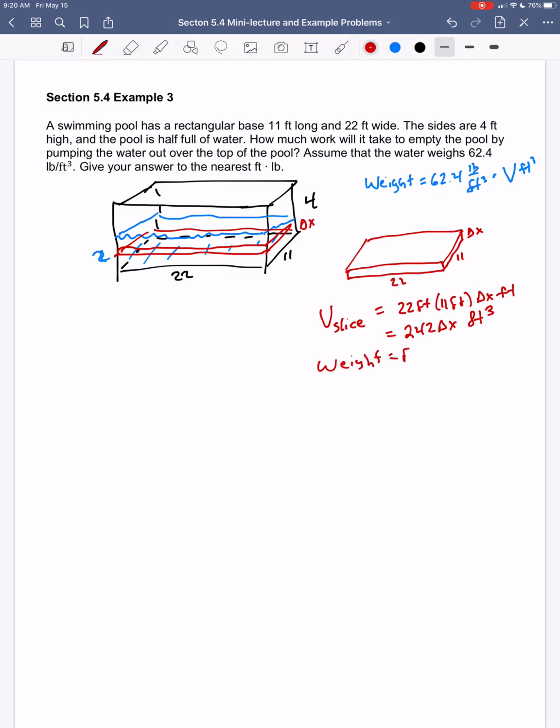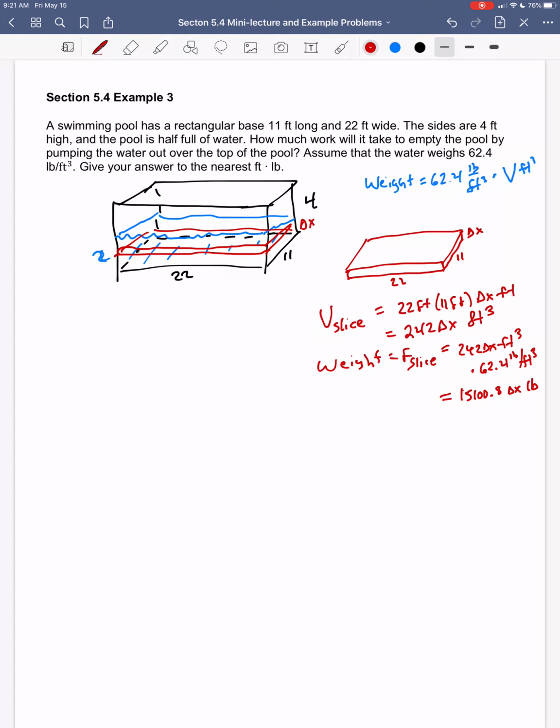So what's the weight, which is really then the force needed to move this slice? Well, that's going to be 242 delta x cubic feet times the 62.4 pounds per cubic foot, which when I multiply gives 15,100.8 delta x pounds.